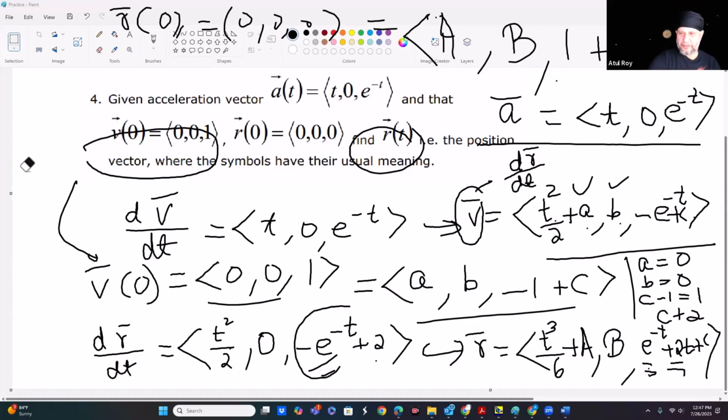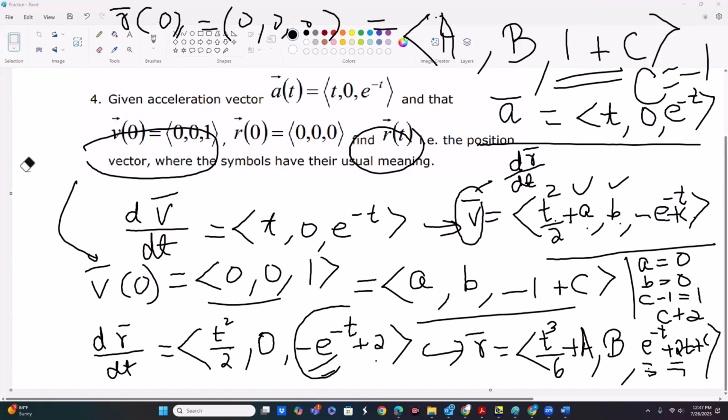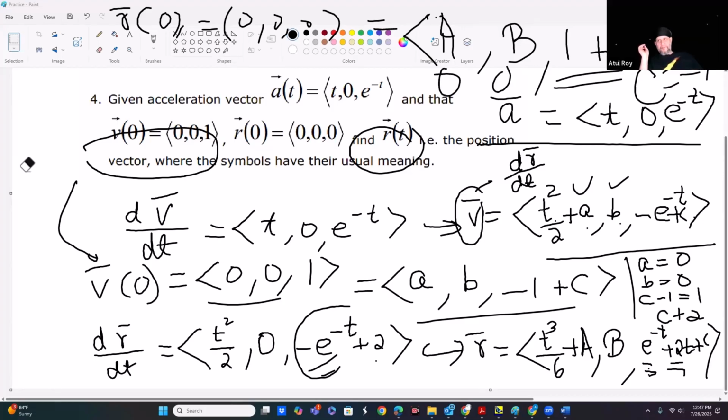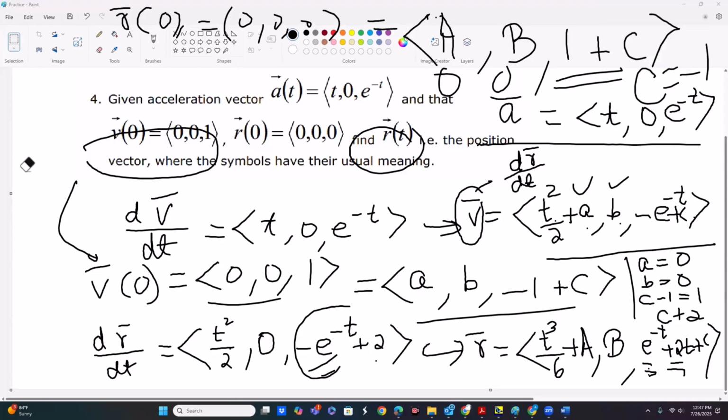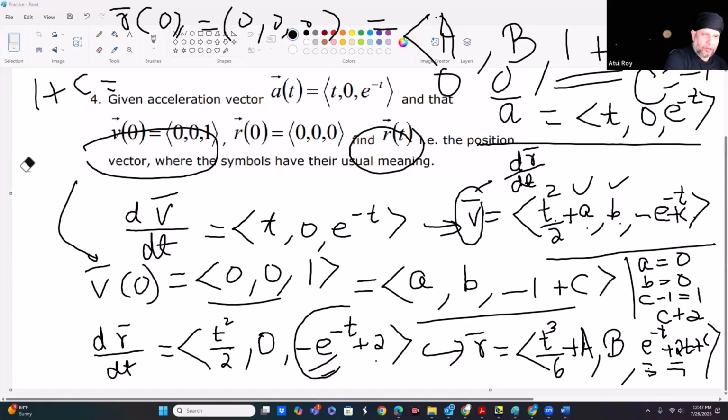So if this is 0, then C will be negative 1, and all these other terms are 0, right? You got that by saying 1 plus C equals 0? Yes, exactly, because 1 plus C equals 0, so C is negative 1.